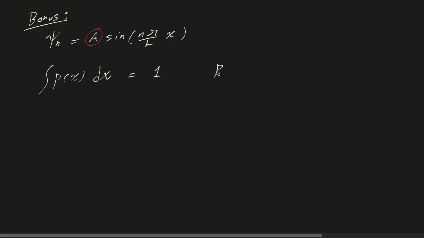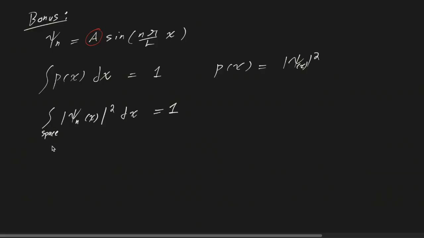And since the probability of x is proportional to the modulus of psi squared, we would like the modulus squared of our wave functions psi sub n of x to equal 1, integrated over all space.